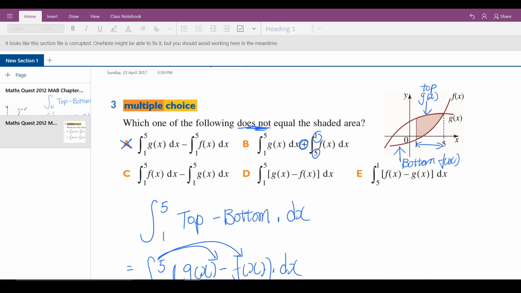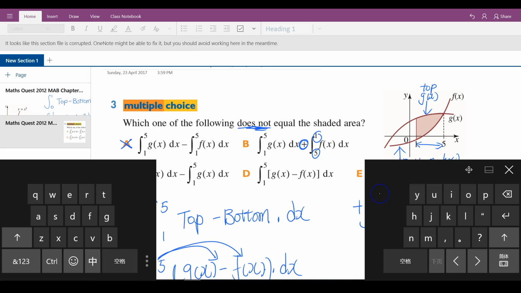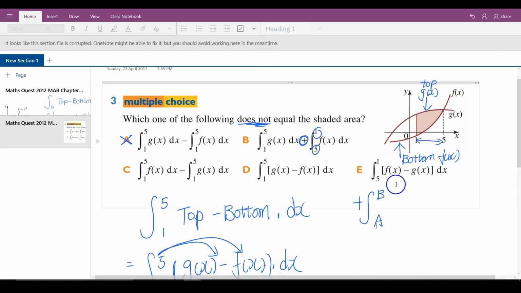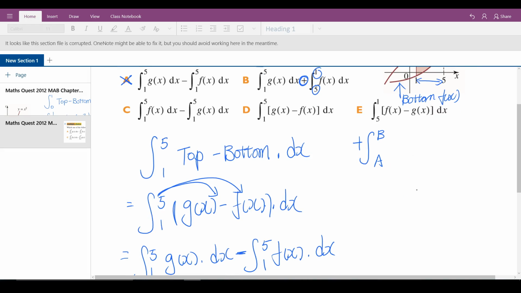If something is positive, integrated from A to B, you can literally change it to negative, and once you change it to negative, you flip the A and B. So the A goes on the top and B goes on the bottom, and they are equal.